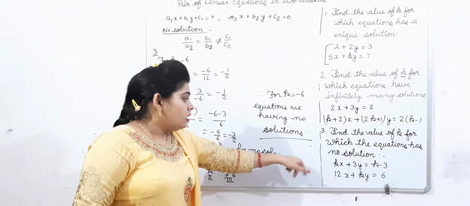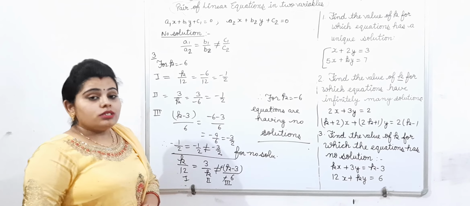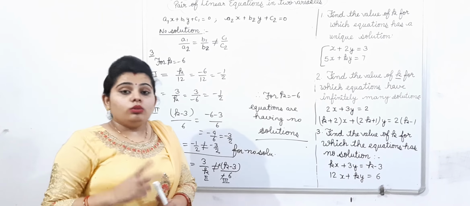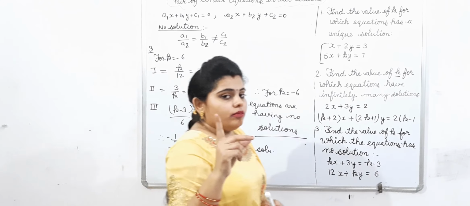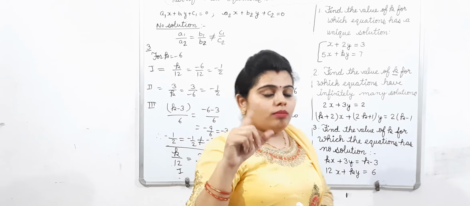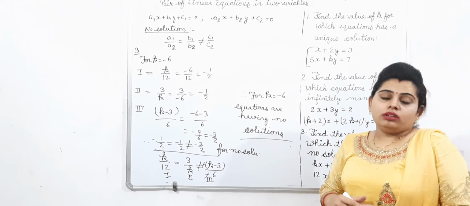I think you got the difference why I did verification here, because in this k was having two answers, plus 6 and minus 6. For plus 6 we get infinitely many solutions, and for k is equal to minus 6 we get no solution. This is about this concept.